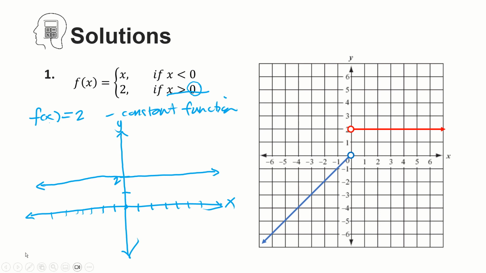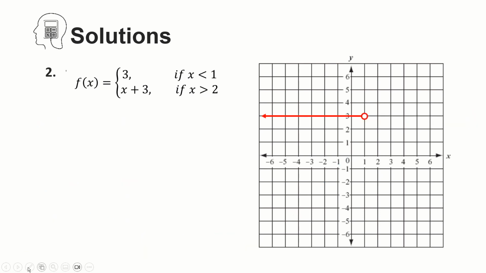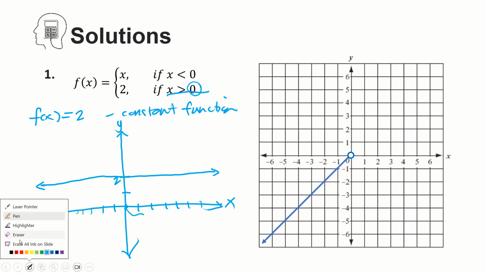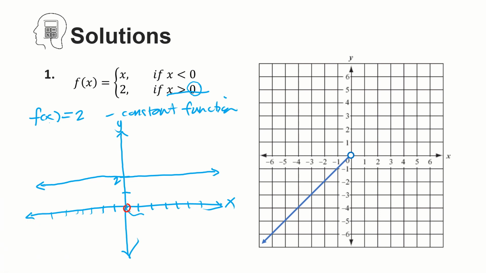So let's change again the color of our pen. Okay, so this side of the graph, from this point, so this is our 0.